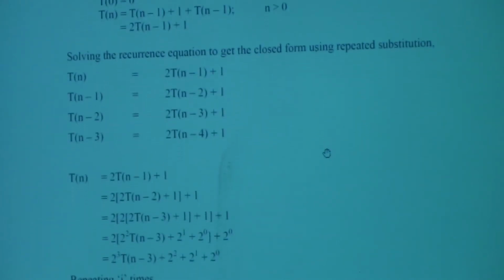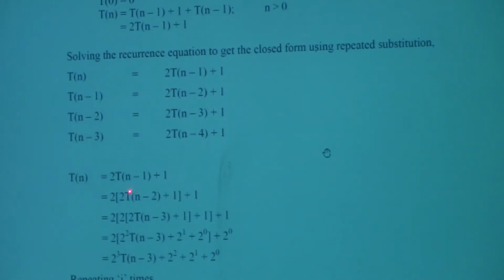So what we have is initially, this is the first substitution. Now look very carefully. Notice that T of n minus 1 has 2 terms. So I take the stuff in the bracket. I take the stuff in T of n minus 1 and I put everything in the bracket. So everything in the bracket is the value of T of n minus 1.